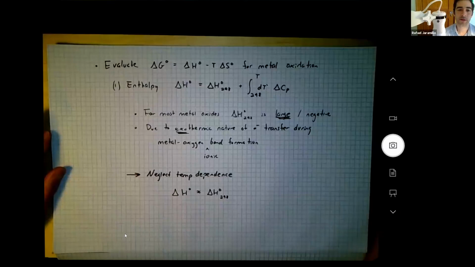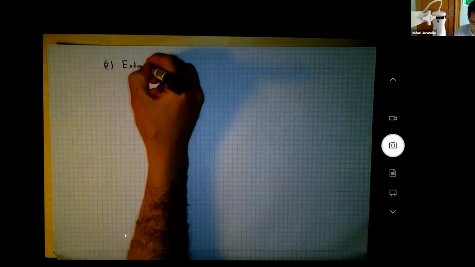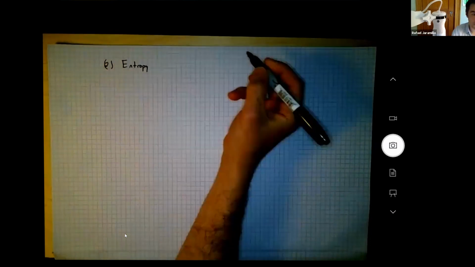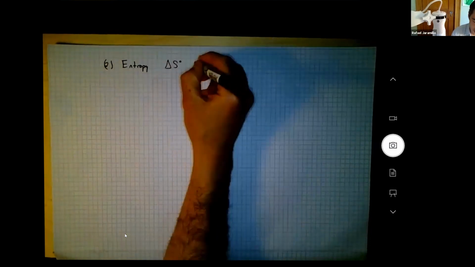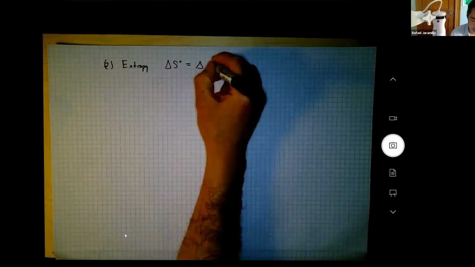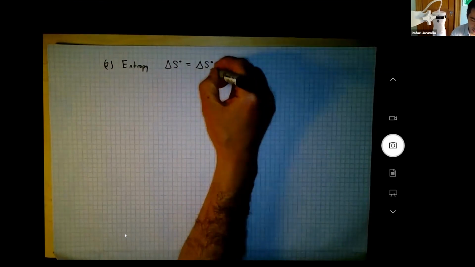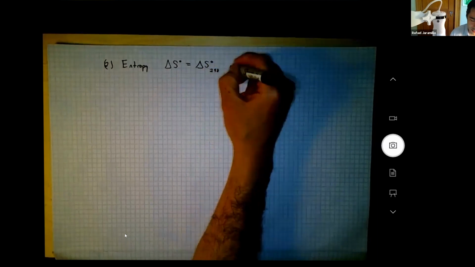What about the entropy? Delta S is delta S at some reference temperature, say 298, plus an integral.